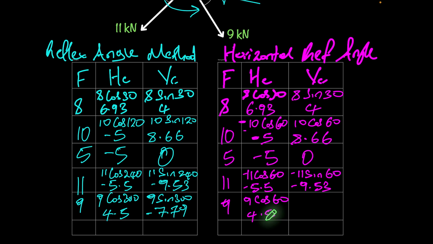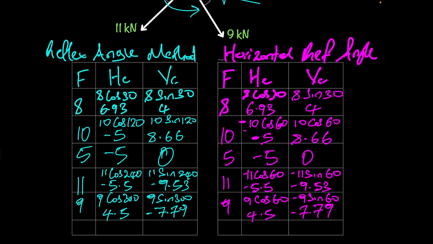Now, when we go across to the downward bit, which is the vertical component, we have to ensure that we include the negative. So this now needs to be negative 9 sin 60, which is going to give us the same as 9 sin 300.